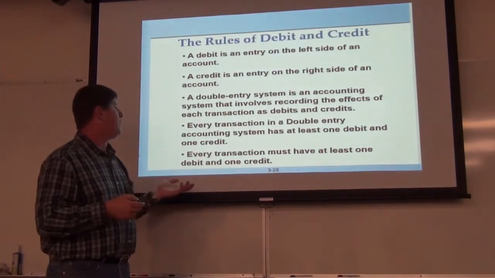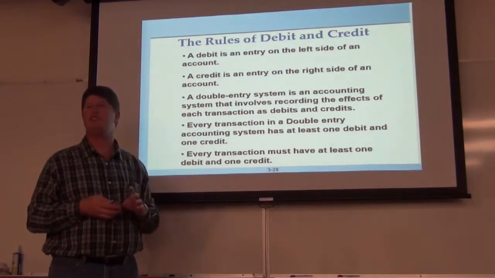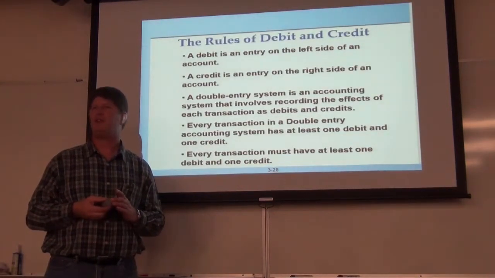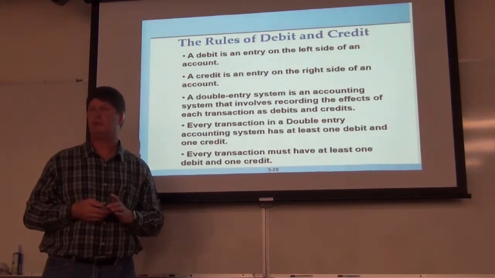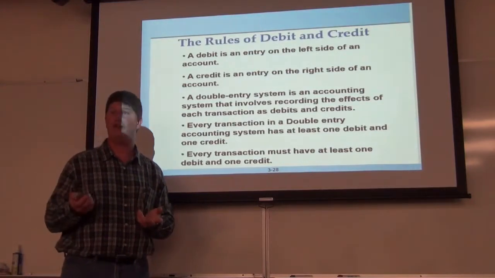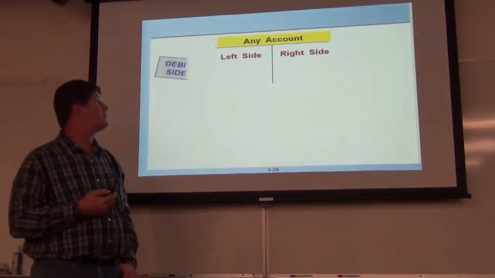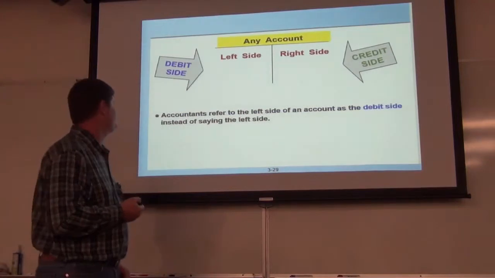Good. Every transaction must have at least one debit and one credit. If you ever have an entry that just has a debit and no credit, you got a problem, or vice versa. You will be out of balance, right? There's that phrase, you'll hear it a lot, out of balance. We got this. Debit and credit, right? Okay.